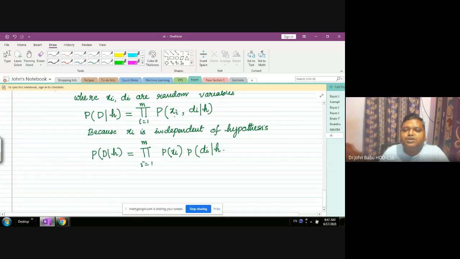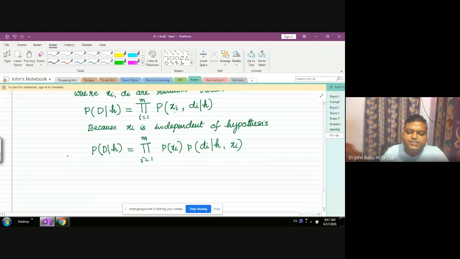To make it more appropriate for a given xi, we know that di is equal to 1 if he survives, that is, if h of xi is true, and di is equal to 0 if h of xi is not true.